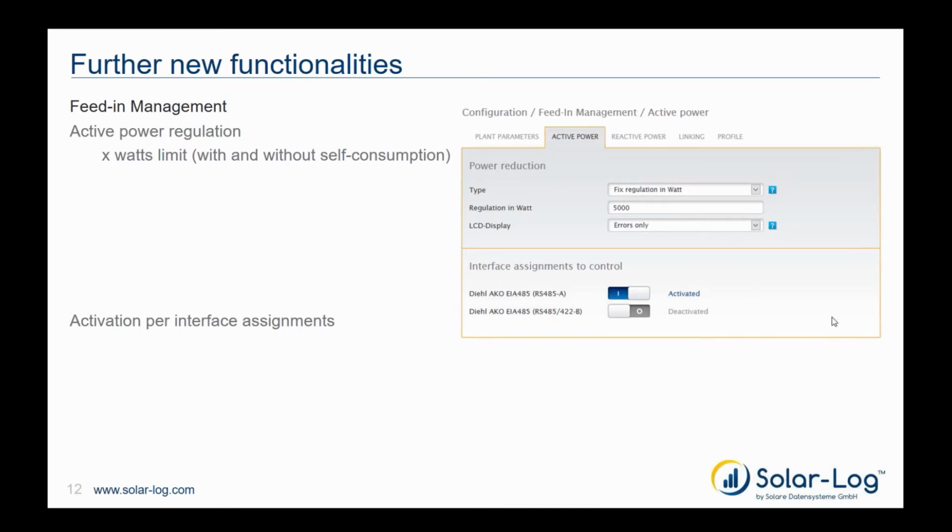So the SolarLog can measure the complete production and then regulate the PV system to fill up to the regulation border of 5,000 watt. The one generator like the wind is unregulated, and the SolarLog takes care that the PV system only produces so much power that the maximum feed-in border is not exceeded.